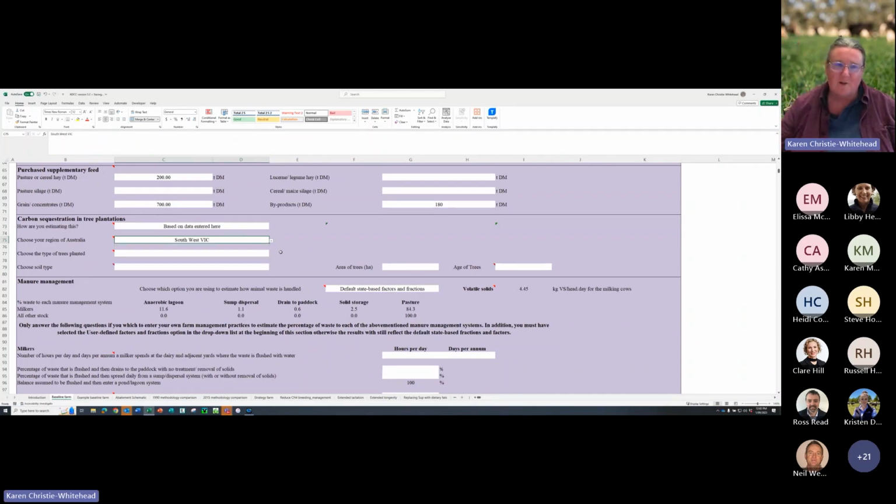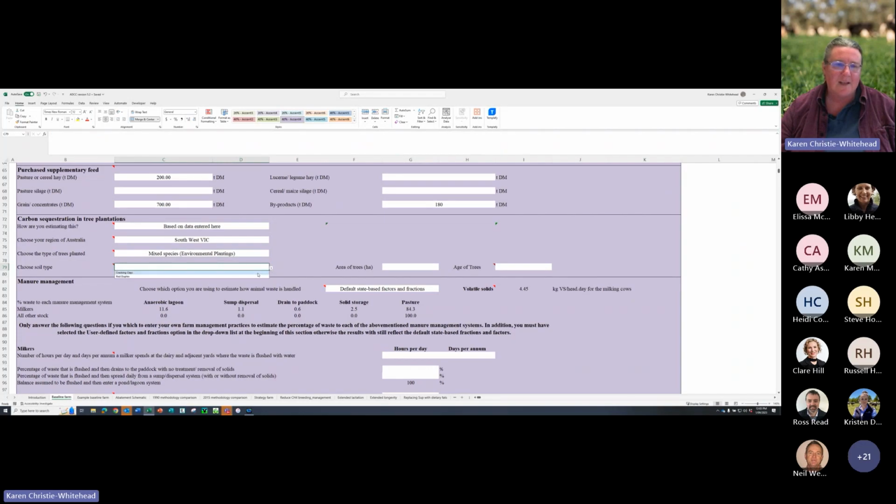If at the top you said you're from New South Wales, then that drop-down list would just have options that are New South Wales-based. There's a selection of different species for that region. If the farmer says, I have a species that's not present there, then select the mixed species.